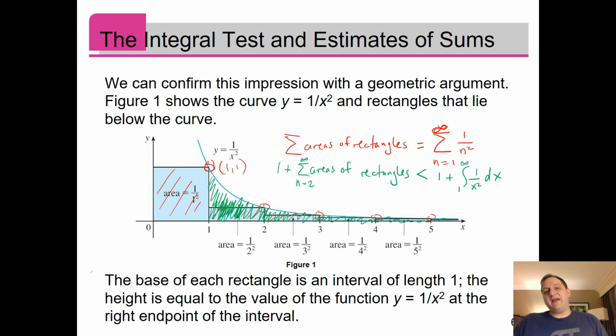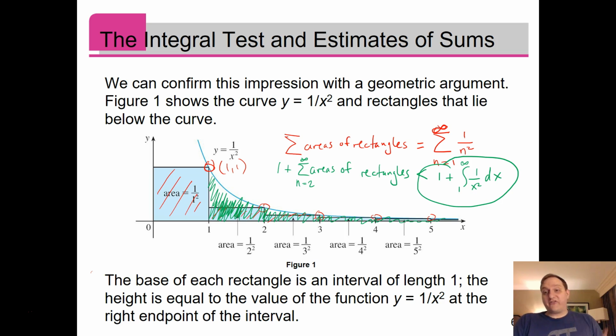So what I have is a sequence of partial sums that is increasing, because each time I go further in the list of partial sums, I'm adding something to it. And this expression right here gives me an upper bound. And obviously 0 is a lower bound because it's positive.